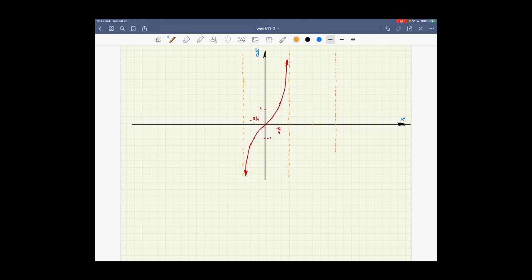Let's draw two more. So this is pi over 2. This is 5 pi over 2. This is negative 5 pi over 2.